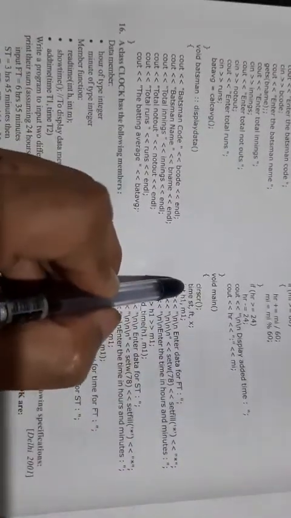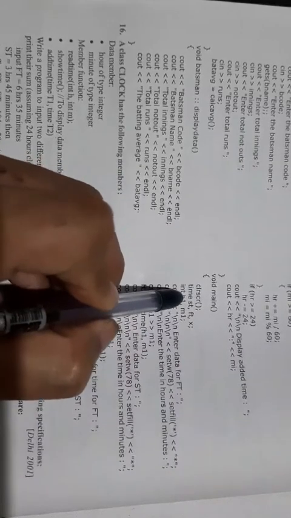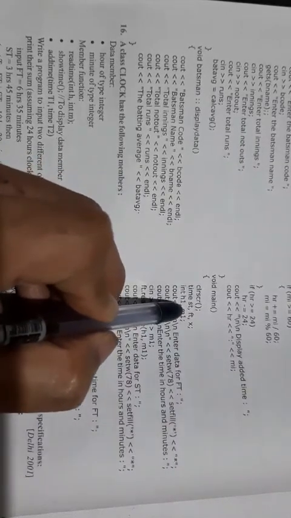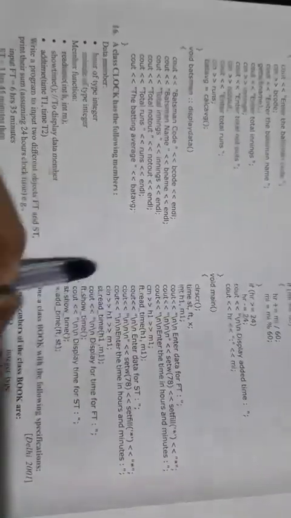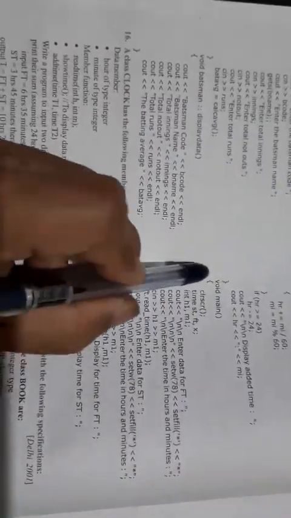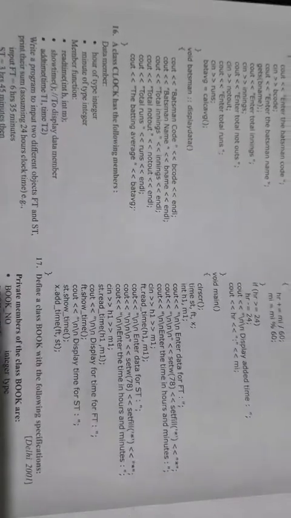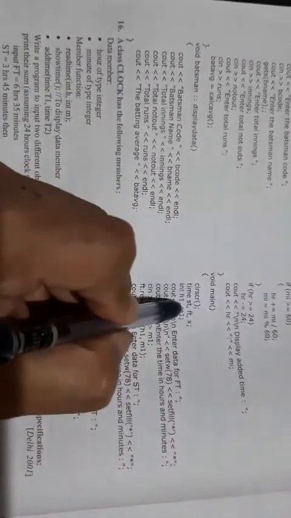Now after that, again you can see here int h1 comma m1. Okay, so these are local variables, so these variables are accessible only within the main function. Okay, keep in mind that this is one part of the program, this is another part of the program, this is another part of the program, right? So these are local variables which are to be used only within the main function.